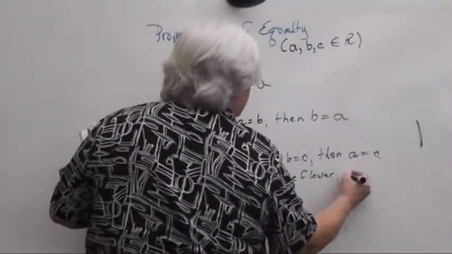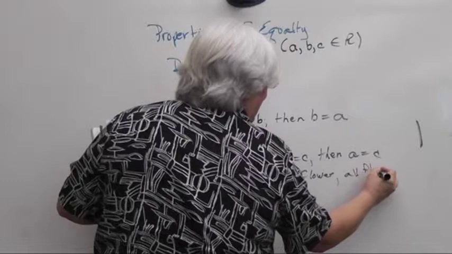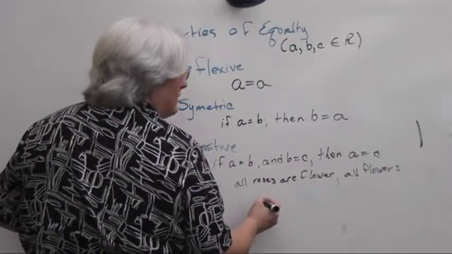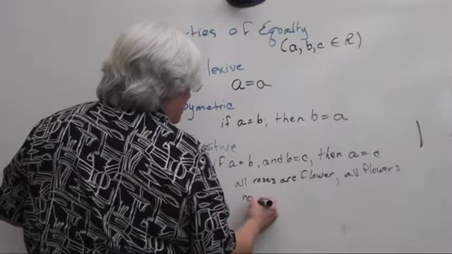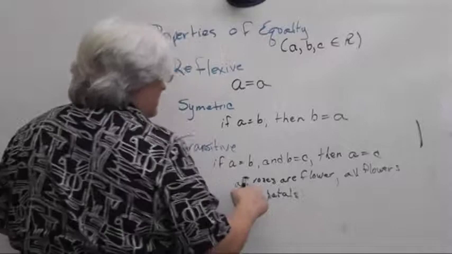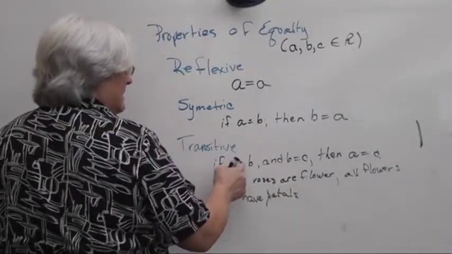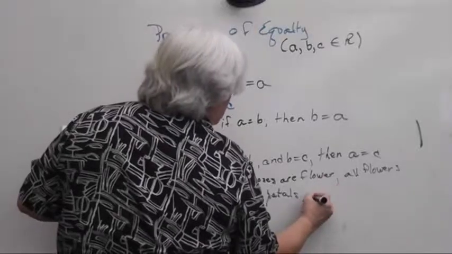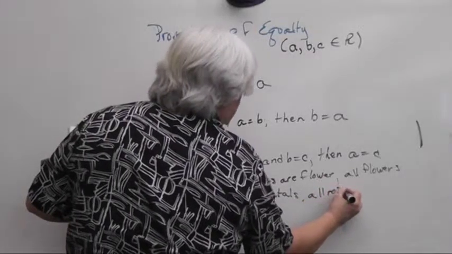All flowers have petals. If roses are flowers, A is B, and flowers have petals, then what? All roses have petals as well.